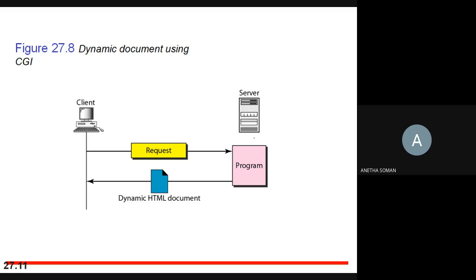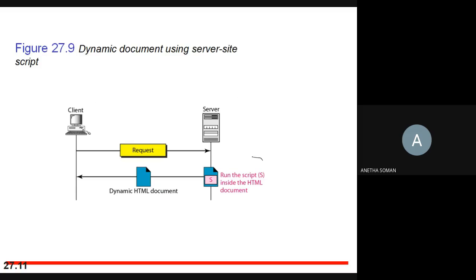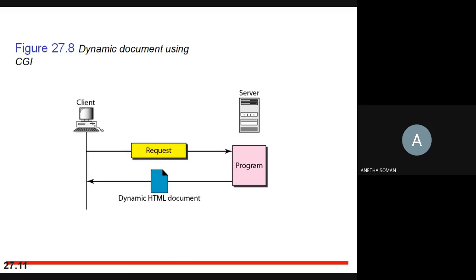So it is not already stored in the server. When a request arrives, the web server runs an application program, or you can also call it a script, and that creates the dynamic document.